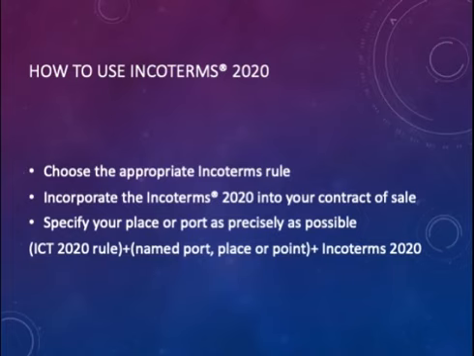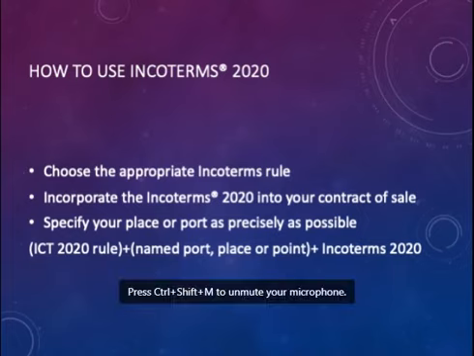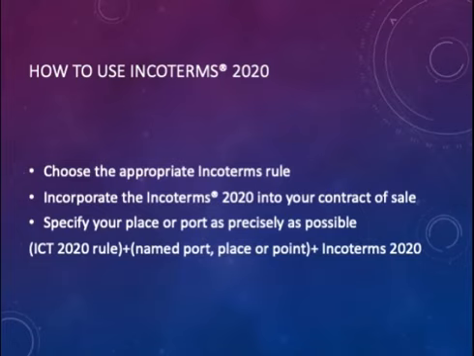Because in other versions of Incoterms, we also have the rule FOB, but the meanings of FOB are different. So, as I told you, when we choose a rule, we should indicate the version of the Incoterms. Okay.